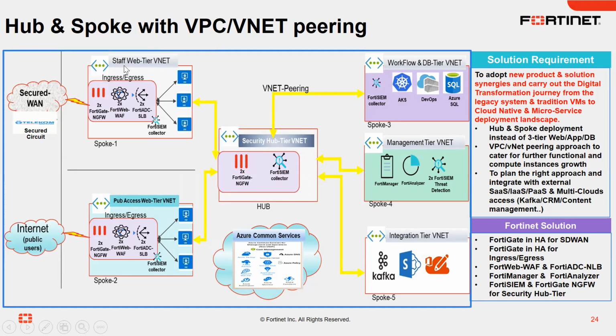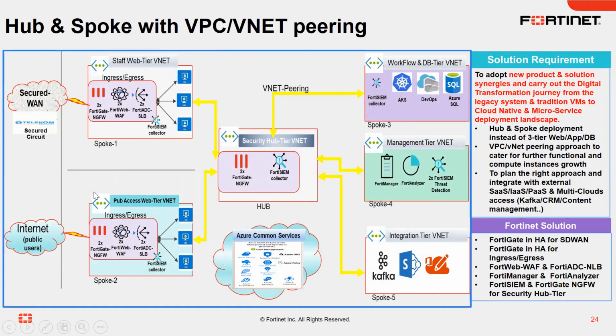Concurrently, we call this a tier with one pair of ingress and egress firewall components, including FortiGate next generation firewall, FortiWeb WAF, FortiADC, and a server load balancer or network load balancer. On top, we also have a FortiSIEM collector for it.